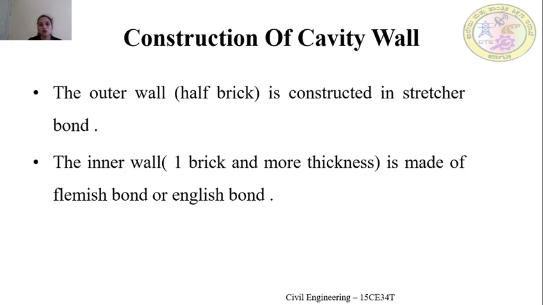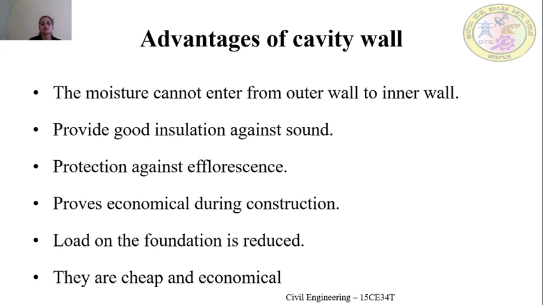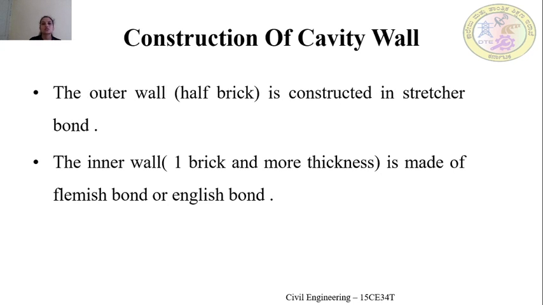The inner wall, that is one brick thick or more, is made of Flemish bond or English bond. Hope it's clear. So in the cavity wall, the outer wall, that is half brick thickness, is constructed in stretcher bond, and the inner wall is comparatively thicker than the outer wall.